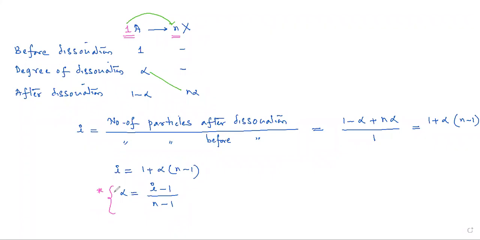In case of association, it was 1 minus i by 1 minus 1 by n, because the number of particles is anyway less than 1. In this case, it is i minus 1 by n minus 1. Now, we know that i is equal to m normal by m observed, right?